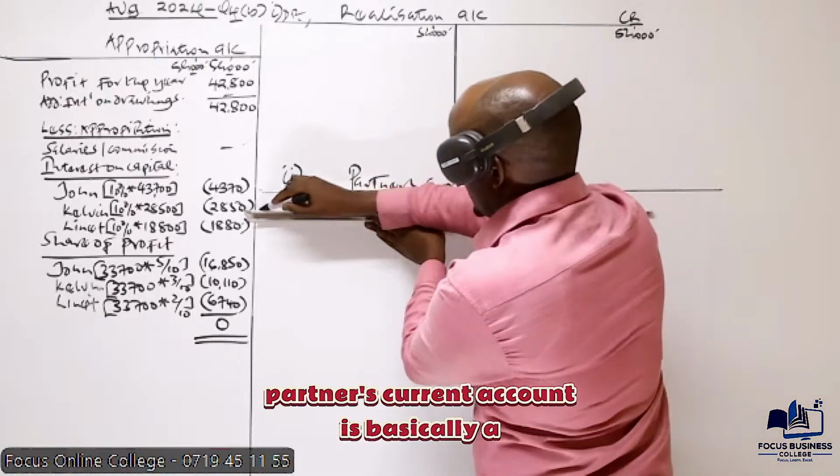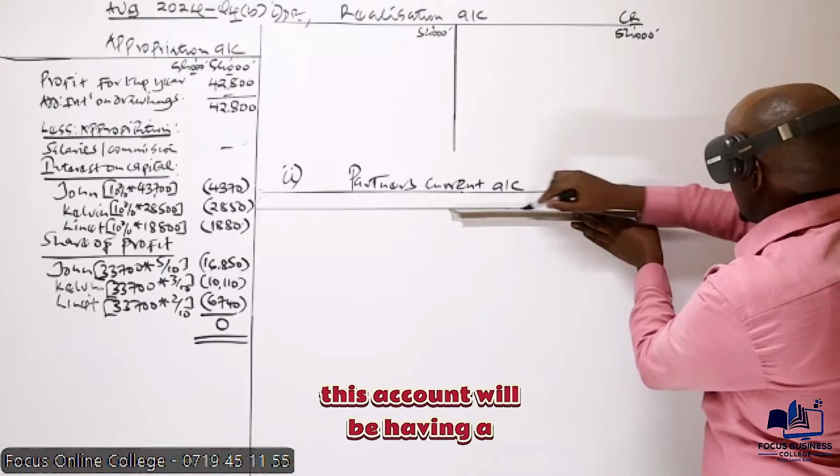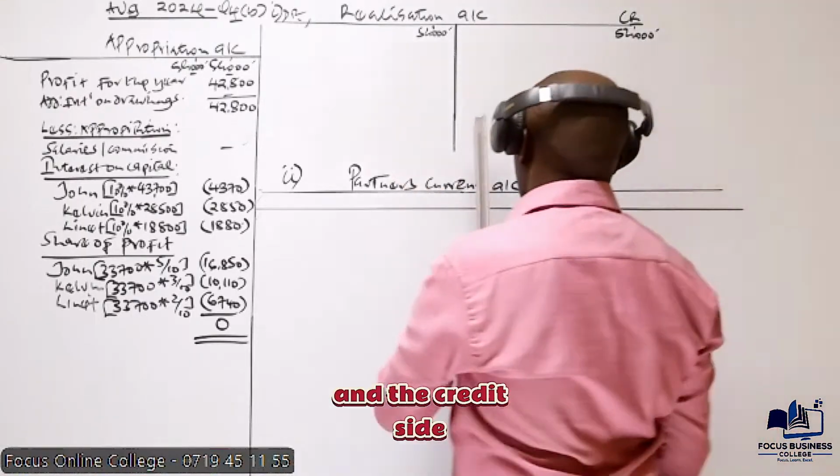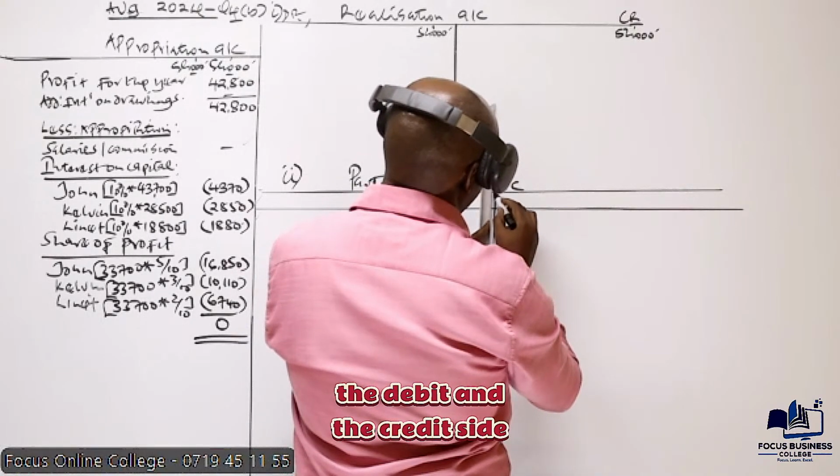Partners current account is basically a ledger account. Ledger account means that this account will be having a debit and the credit side.